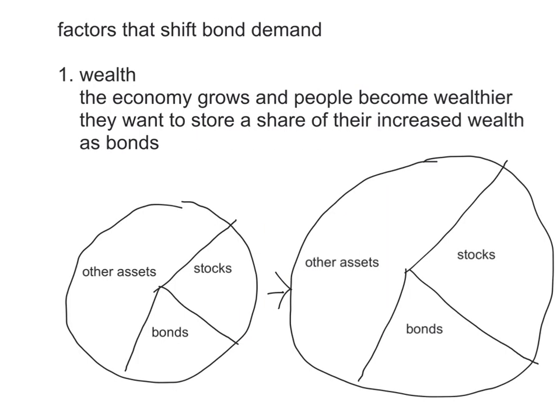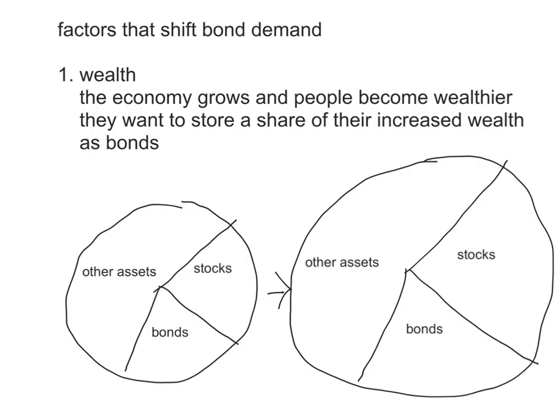Now we will talk about the factors that shift bond demand. We're talking about the demand curve. The first one is total wealth in the economy. Let's suppose the economy grows, people become wealthier. They naturally want to store a share of their increased wealth in the form of bonds. Then it's like the pie, the portfolio gets bigger.